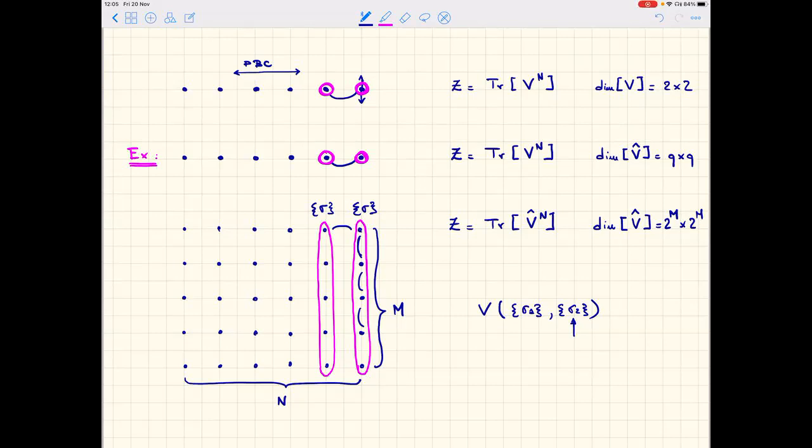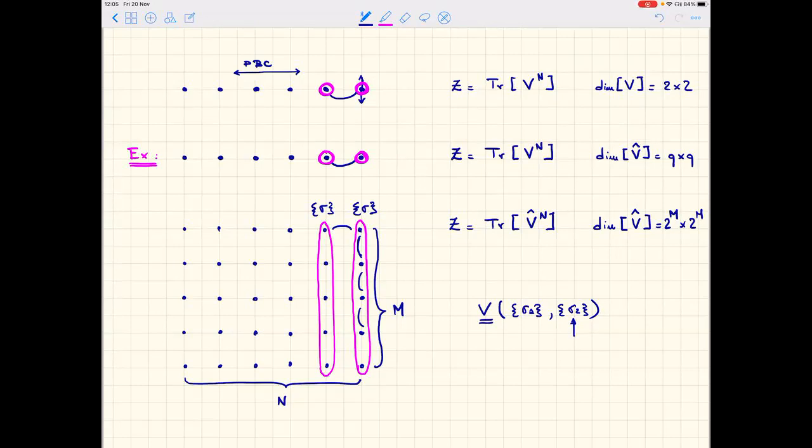And the point is that when I sum over all configurations, V is seen as a matrix that has as indices the configurations of the columns. You see what I mean?